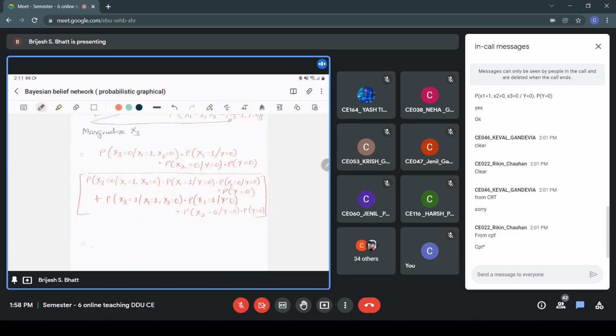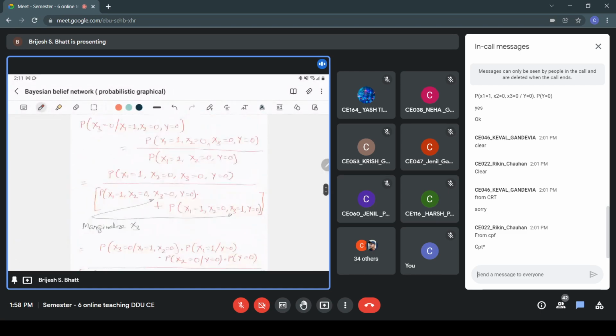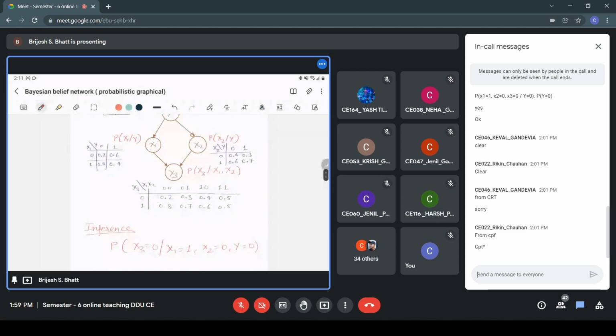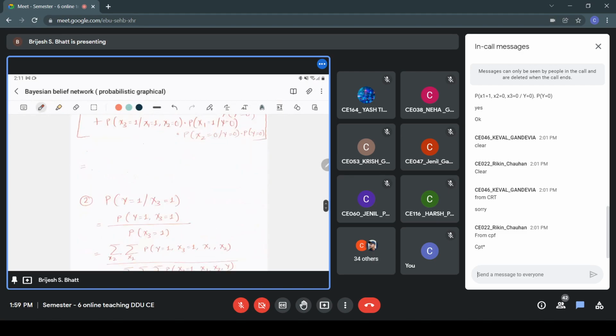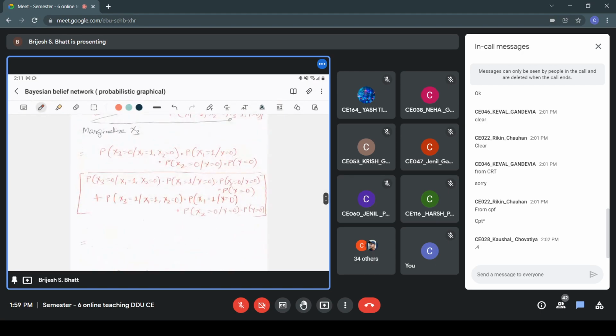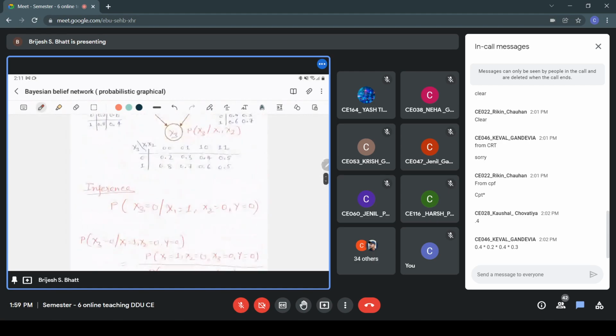So the probability of x3 equal to 0 given x1 equal to 1 and x2 equal to 0 is 0.4. Right? Or did I make a mistake? Let's see. Okay, 0.4, yes.